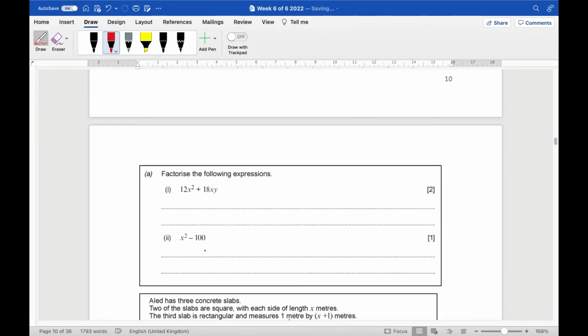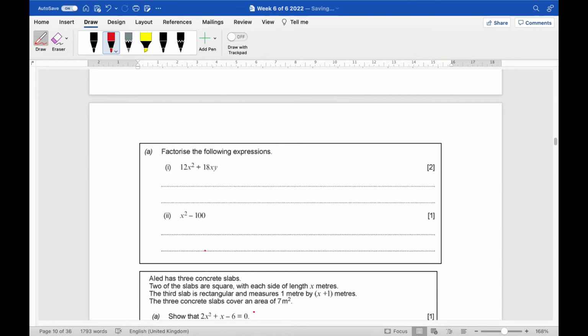You also have factorising like what we've got in part A here, where it's not a quadratic. It does have an x squared, but the next term isn't an x term, and there's no number term at the end, so it doesn't look like a quadratic. So we look in here, what can I take out of the bracket? This is likely to give me a single bracket. So because I've got a 12 and an 18, the highest common factor of those is 6. That can come out of the bracket.